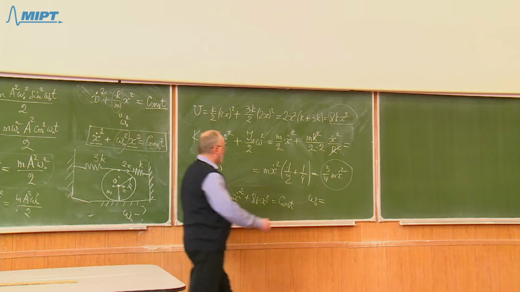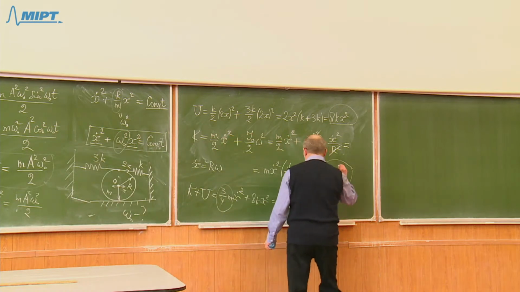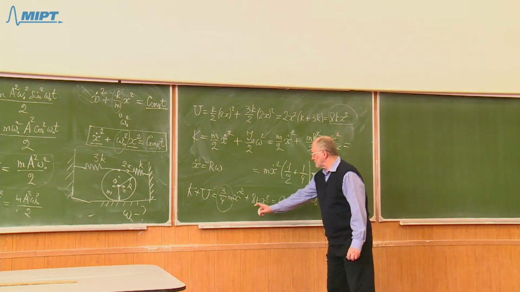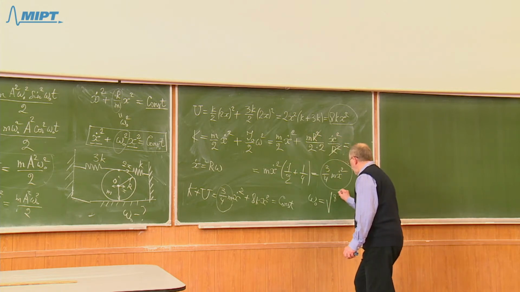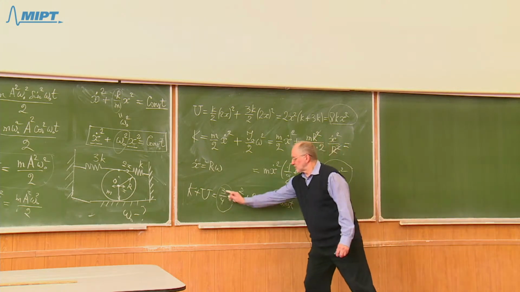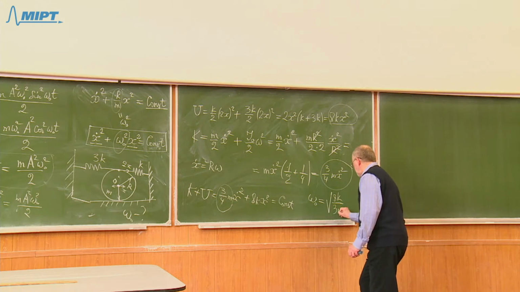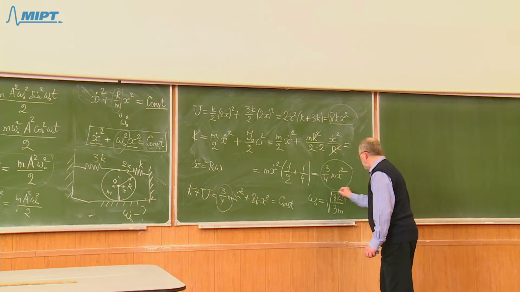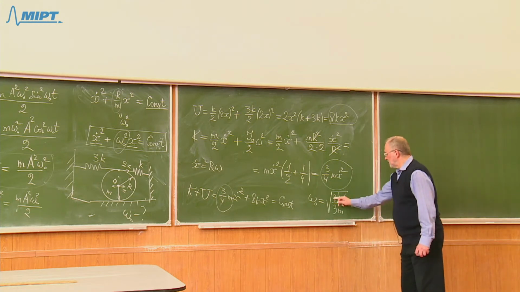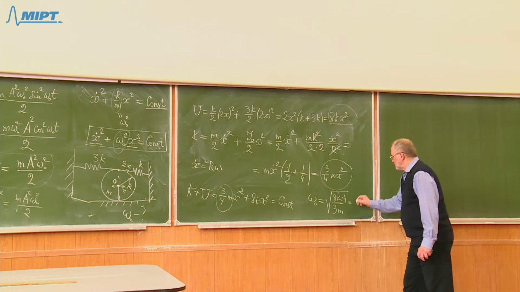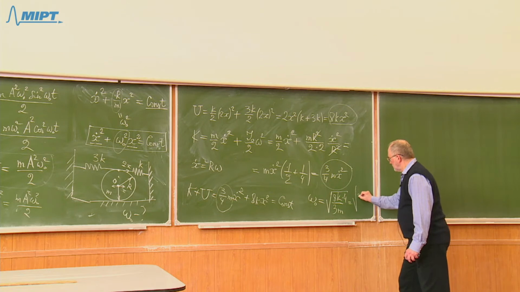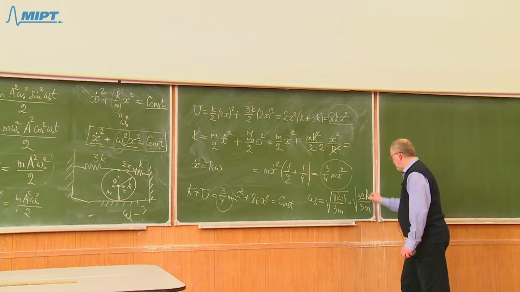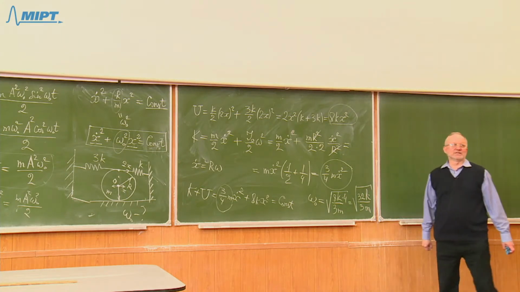So the frequency will be obtained immediately from here as the square root of 8k divided by the first coefficient, which is 3m divided by 4, and the 4 will come here. So the frequency will be 8 times 4, 32, k divided by 3m. That's the final answer.